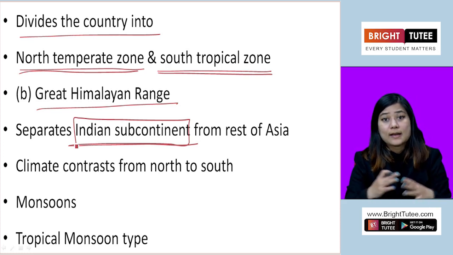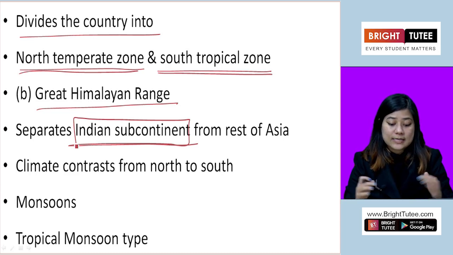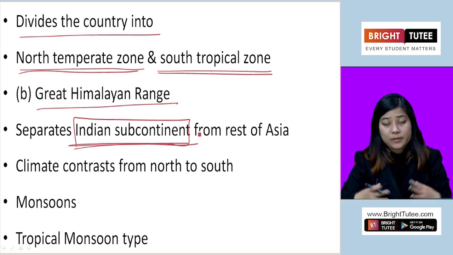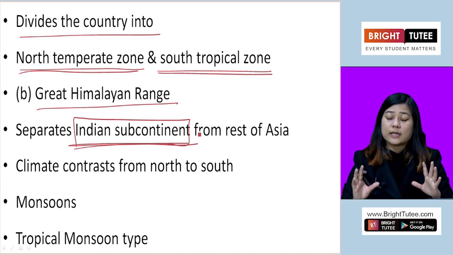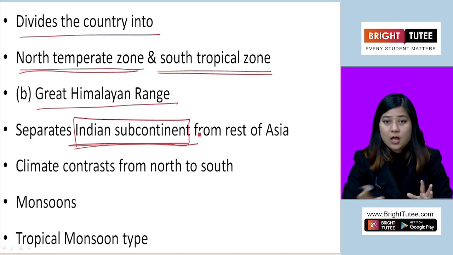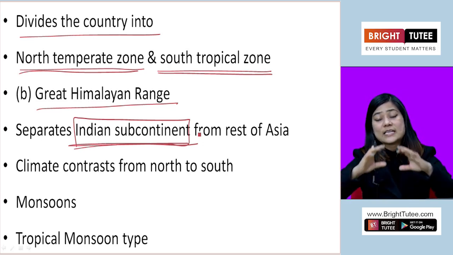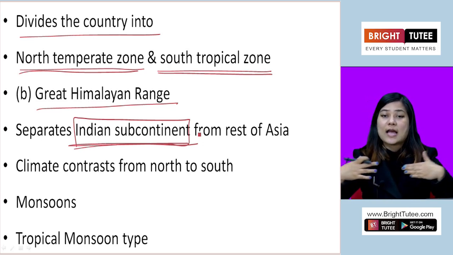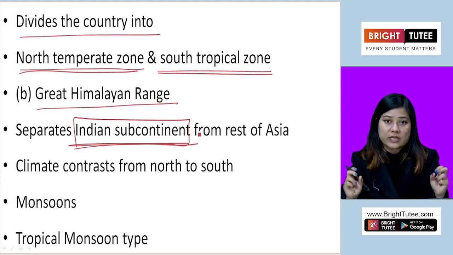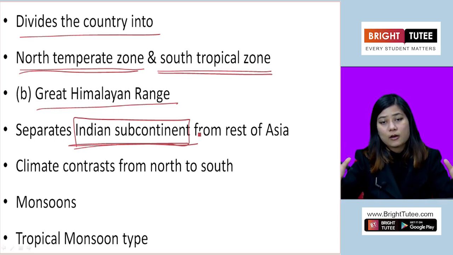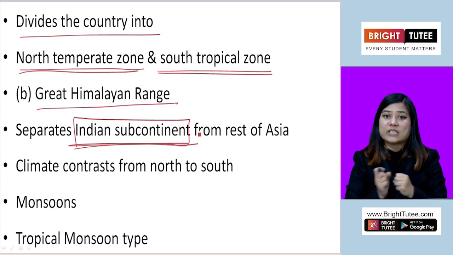Now, the Great Himalayan Range, or the Himalayas, separates the Indian subcontinent from the rest of Asia. We know that India is part of Asia, but the Himalayas is located in such a manner that it separates India and its neighboring countries and makes one whole region which is called South Asia.